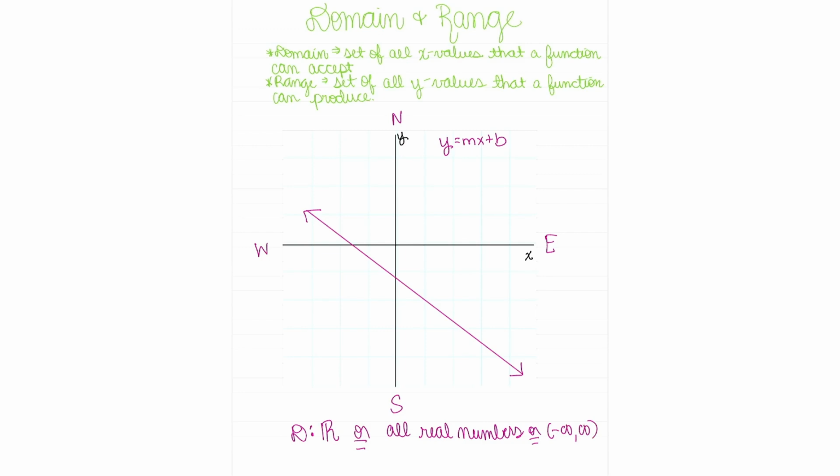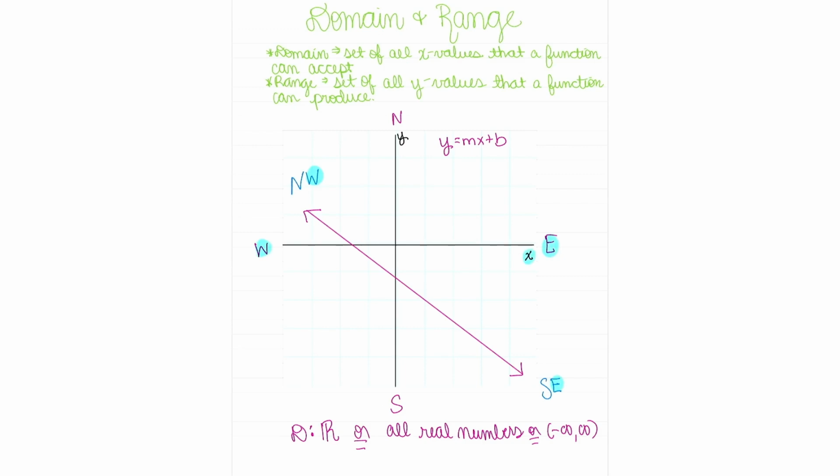So I'm going to write the directions up here, NW and SE. When we're talking about domain, we are only talking about the west and the east component because that is the part that falls on our x-axis.